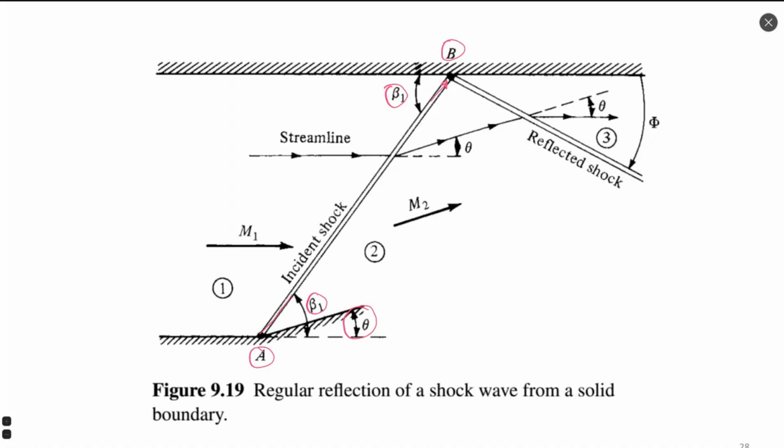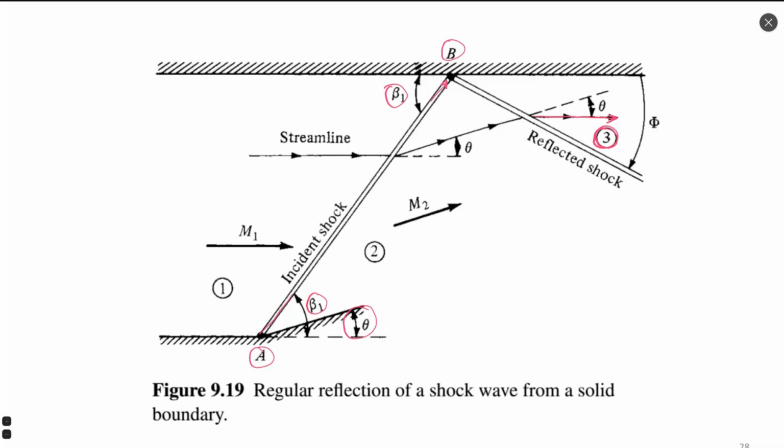Theta in such a case is shown here in volume 3 and in volume 2. We might find here the definition of theta. We have to remember that after the shock wave, the flow continues to go according to the direction of the body. So after the second shock wave, the flow becomes again parallel, or horizontal.